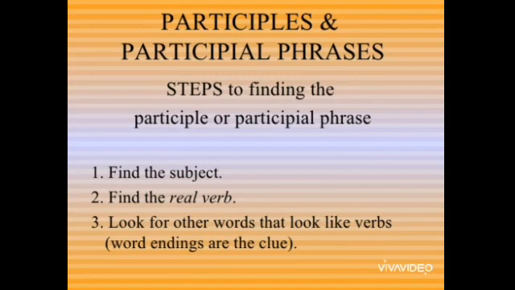First, we find the subject. Then we find the real verb or the main verb. And then we look for other words that look like verbs. Word endings are the clue. That is, it could be ing or it could be en, ed, etc.